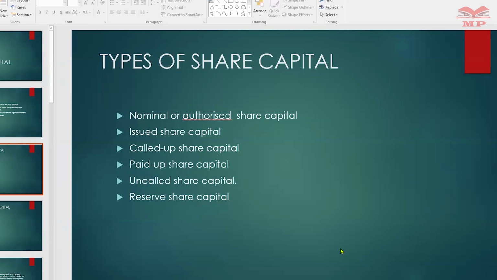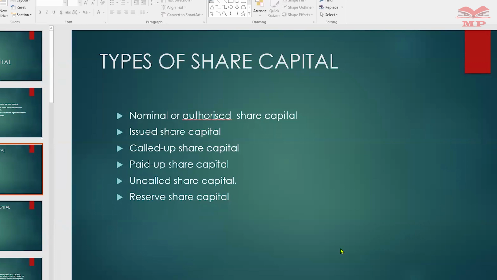The issued share capital is more important to the company, since once you issue, each shareholder is liable to pay for the price of shares issued to him. This is basically a guarantee, because you are supposed to pay up to the extent of the shares that you hold.